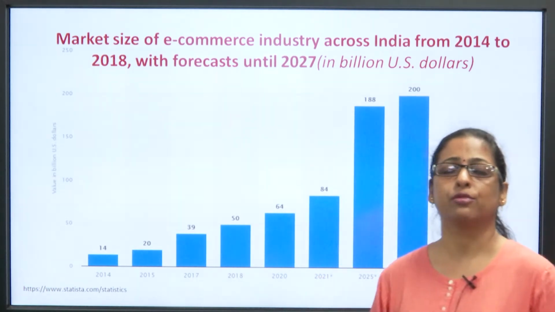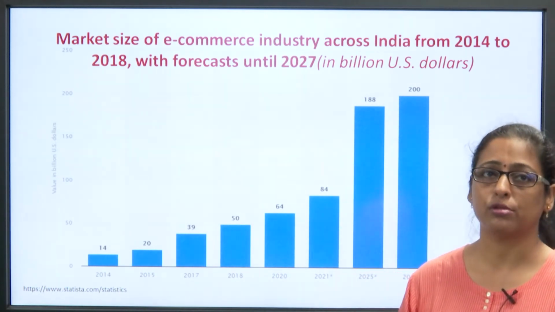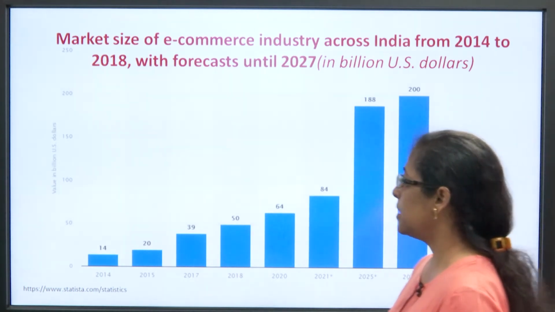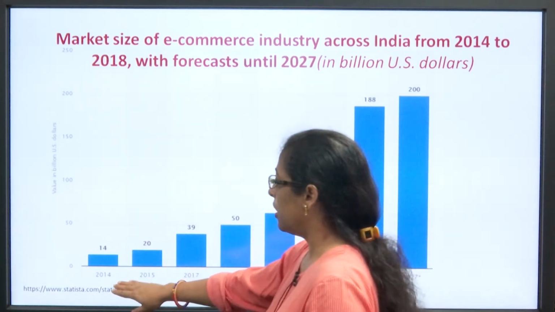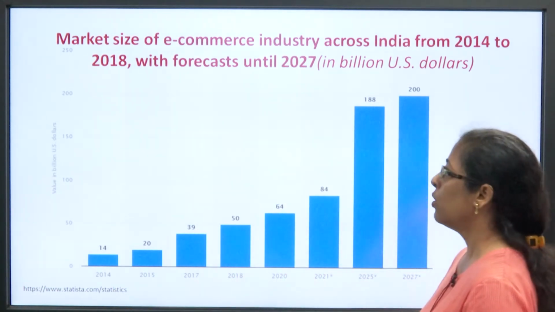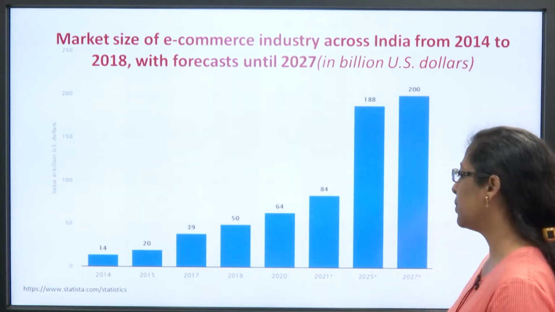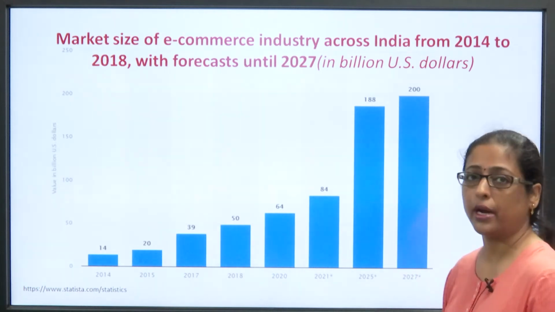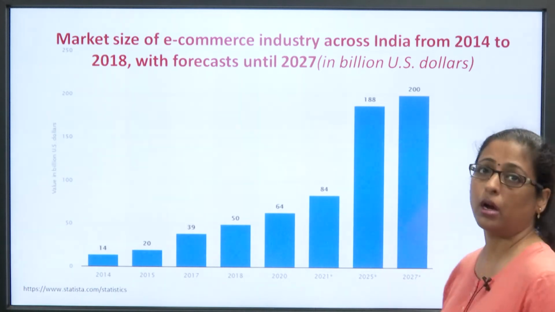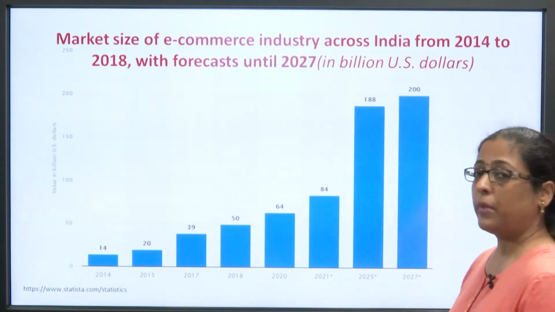This particular statistic shows the market size of the e-commerce industry in India from 2014 to 2018 with a forecast until 2027, and you can see that in value terms in 2014 approximately 14 billion US dollars was the market size of the e-commerce industry in India, which went up to 84 billion US dollars in 2021 and is expected to go up to 200 billion US dollars by 2027.